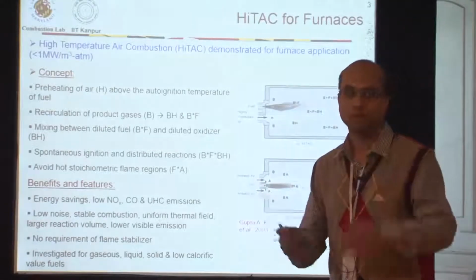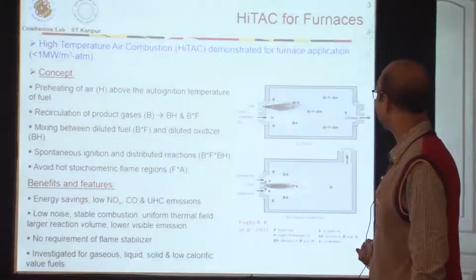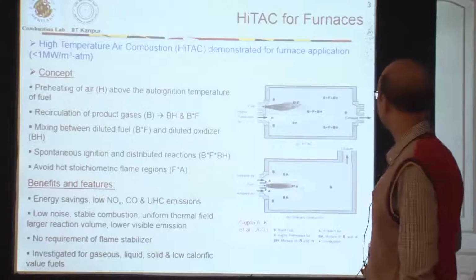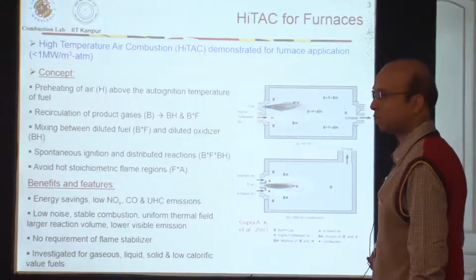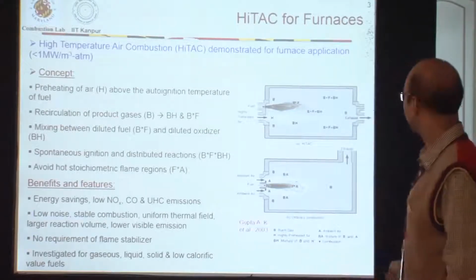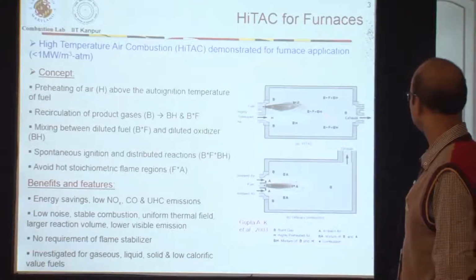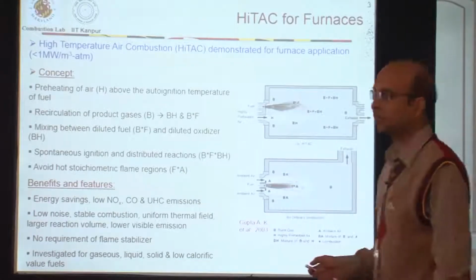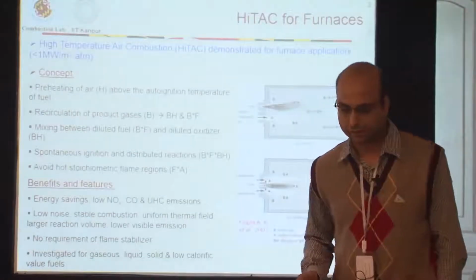If your fuel and air streams are separate, then the fuel does not come in direct contact with air, and you do not form this high temperature zone. Your air stream will also entrain the burned gases, the fuel stream will entrain the burned gases, and somewhere downstream you will have this distributed reaction zone. So this B*, F*, BH, and then you have avoided the high temperature zone.